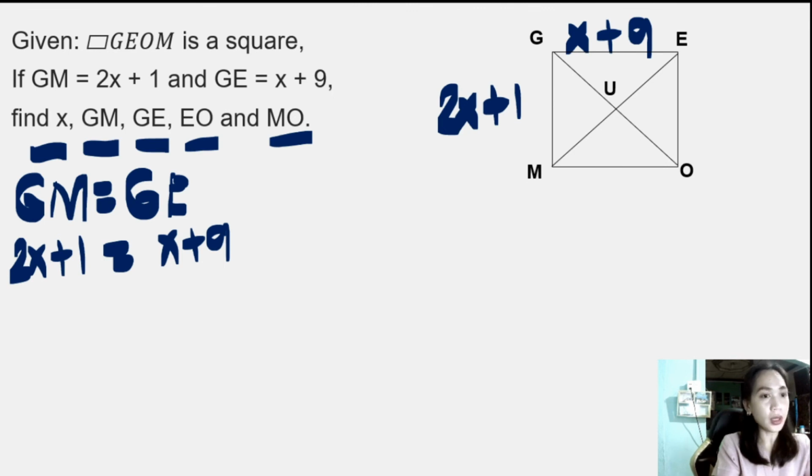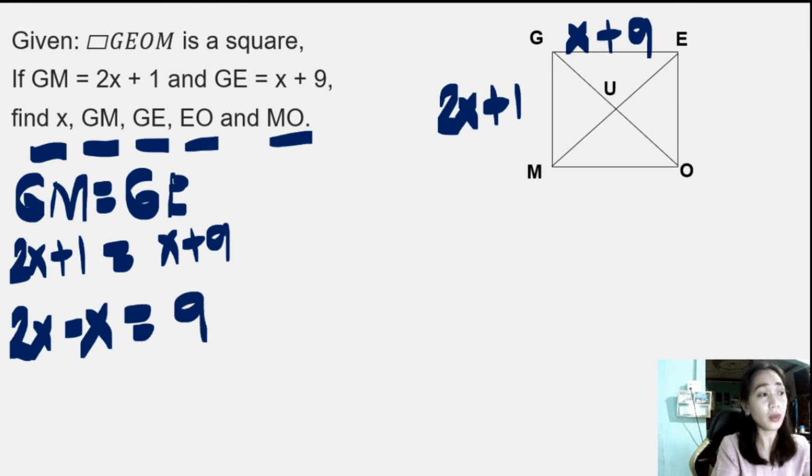Using the addition property of equality, we subtract x from both sides, combining like terms. So you have 2x minus x is equal to 9 minus 1. Therefore, 2x minus x becomes x, and 9 minus 1 is 8.